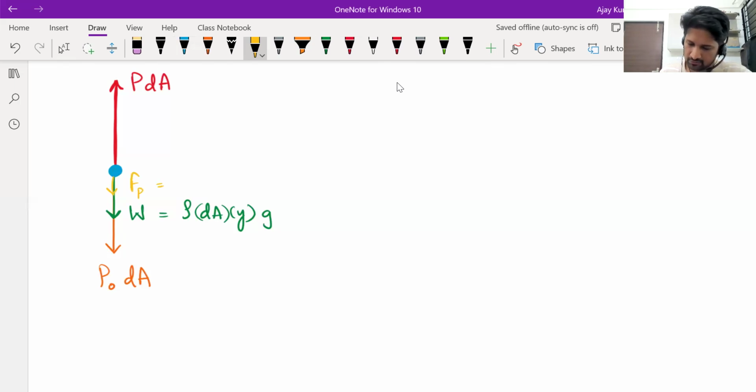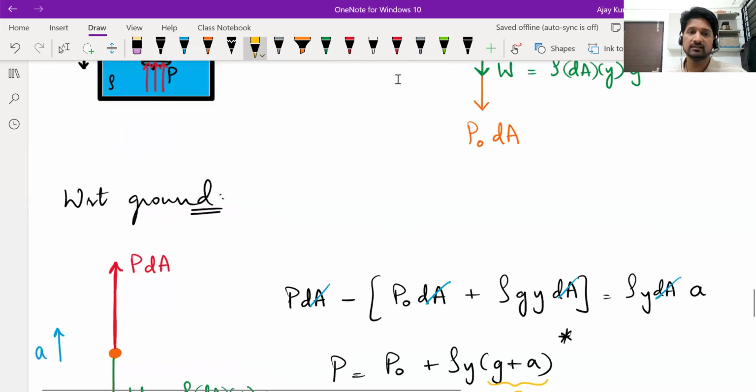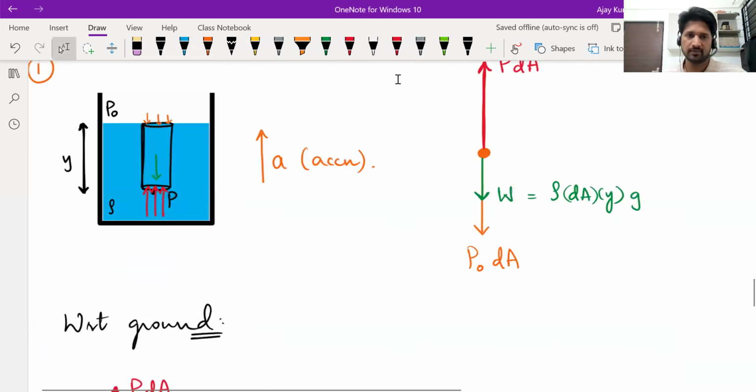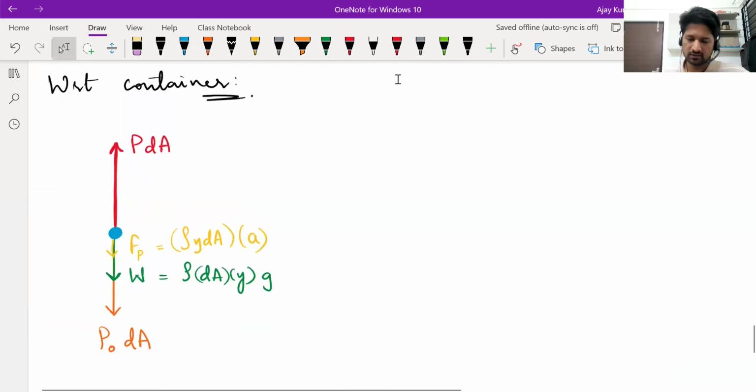And what is the expression for pseudo force? Mass of the object on which you are applying it, so rho y dA, multiplied with acceleration of the non-inertial frame. And under the influence of all these forces, relative to container, the liquid is stationary. It's in equilibrium. It's a static liquid, no? Along with container, it is moving, but inside the container, it is not moving. So with respect to container, the acceleration will be zero.